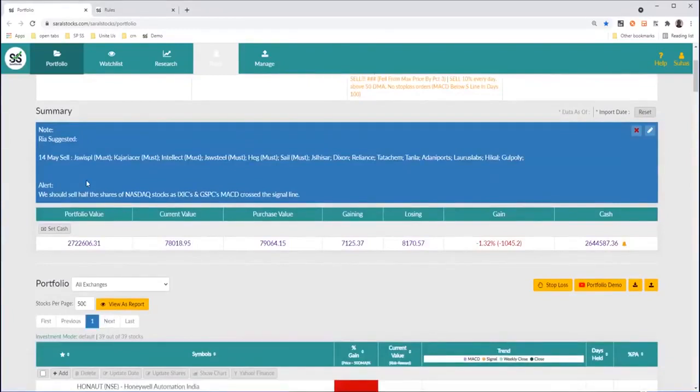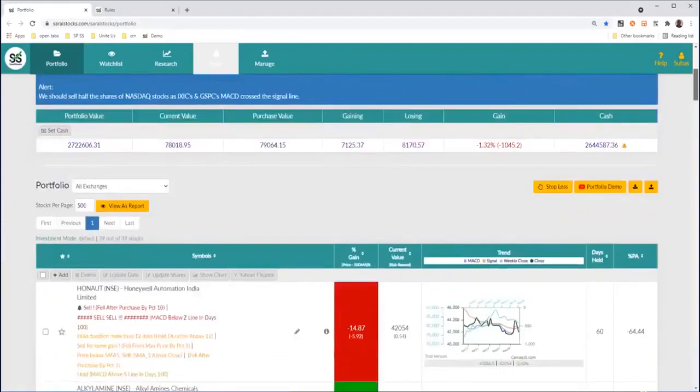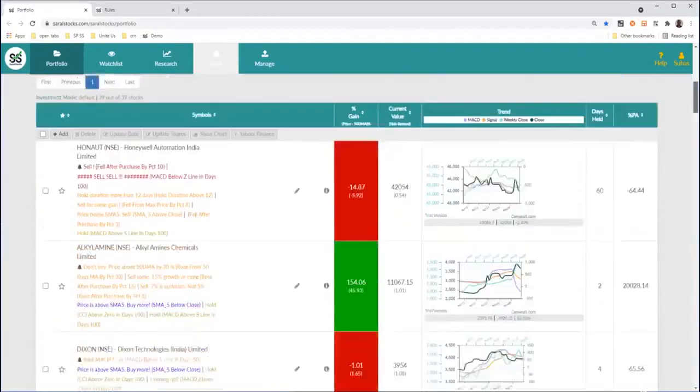The summary section shows you portfolio breakdown for quick analysis, which is your portfolio, current value, purchase value, etc. And the amount you will lose if you sell all losing stocks.